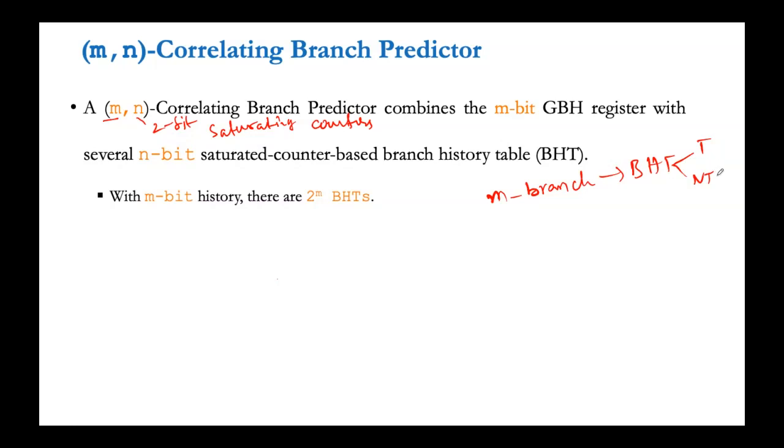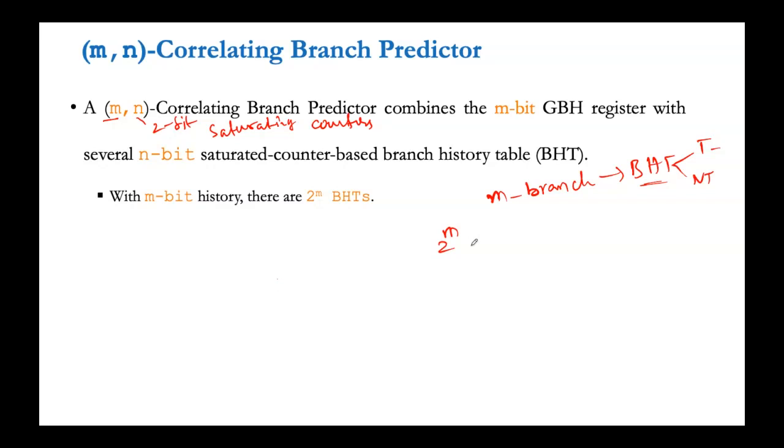So for m branches, the number of branch history tables generated is 2 to the power of m, since each bit has two states: taken or not taken.